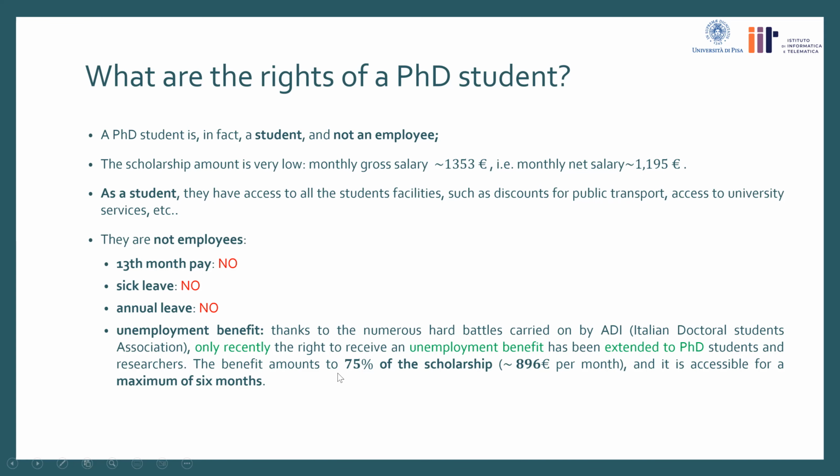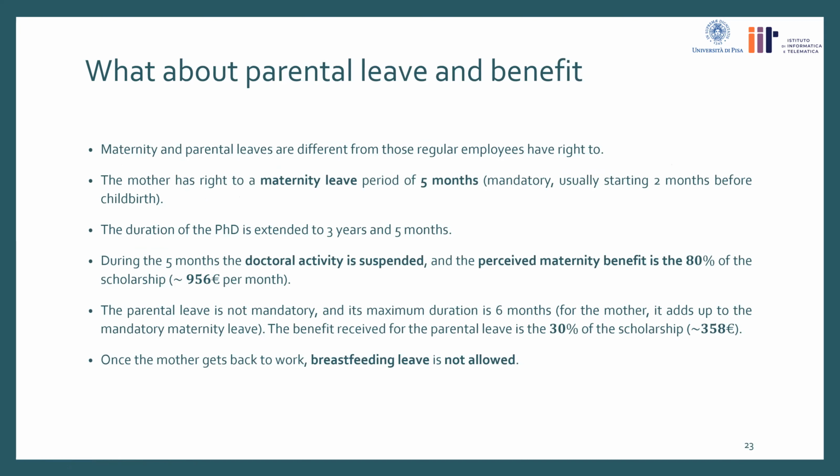So we receive approximately 75% of the scholarship, which is a lot, as you can read here. So 896 euros per month, better than nothing anyway. And it is accessible for a maximum of 6 months. What I left in a single slide is the parental leave.